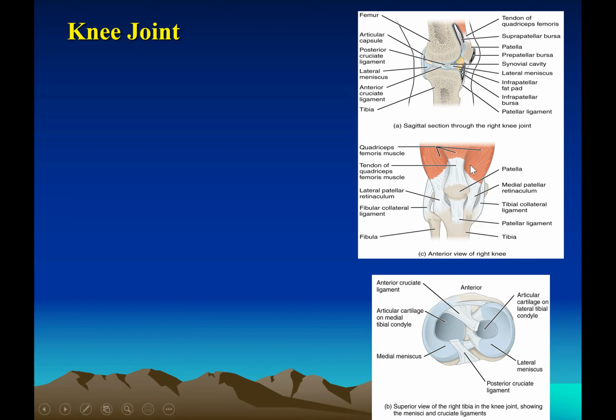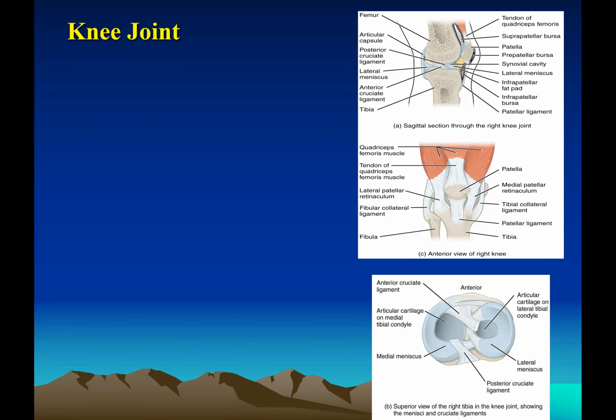And here in the joint, you can also see the meniscus, the fibrocartilage pad, the medial and lateral menisci. It is going to provide a lot of padding and support between the femoral condyles and the tibial condyles.